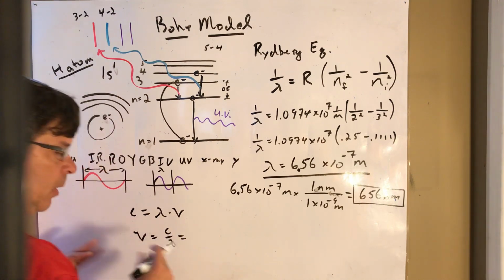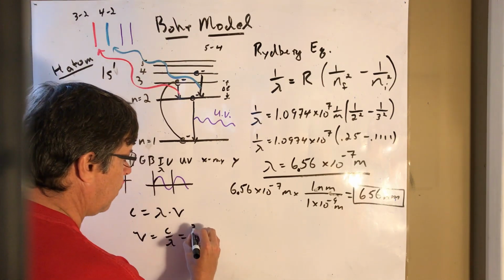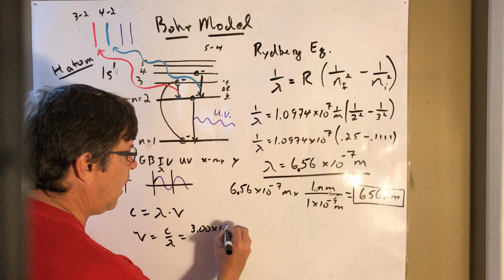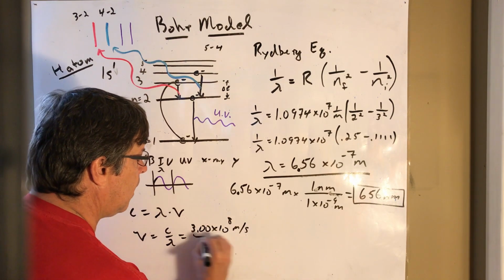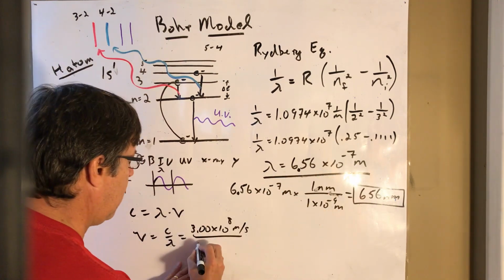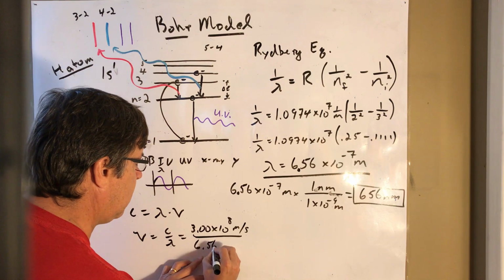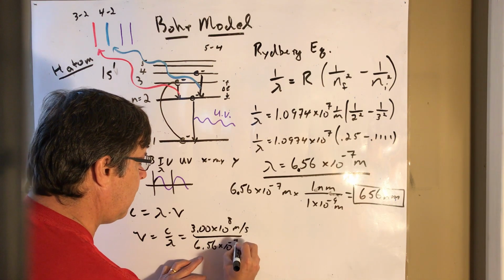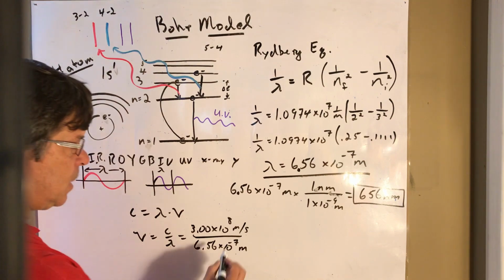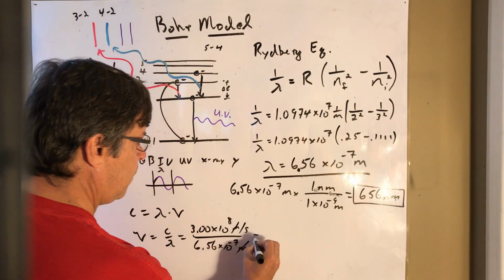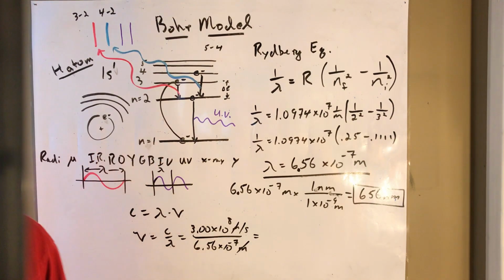We're going to use the speed of light, 3.00 times 10 to the 8th meters per second. We're going to divide that by the wavelength, 6.56 times 10 to the negative 7th meters. You notice the meters cancel out here, and we'll get 1 over second.